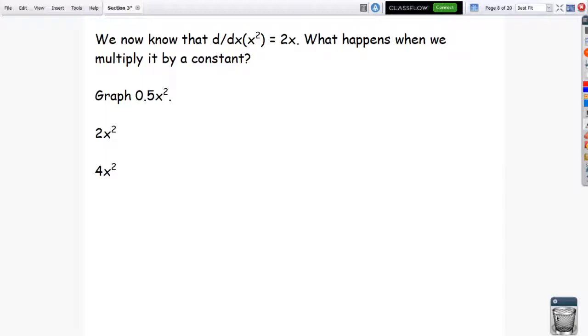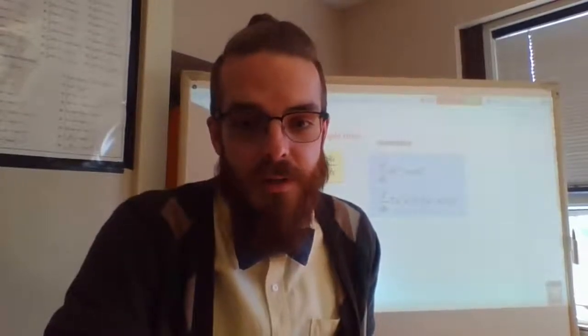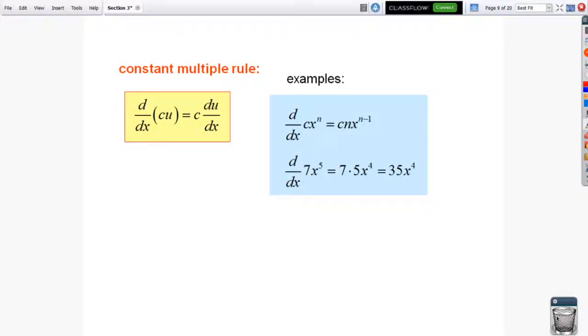So now that we know that the derivative of x squared is 2x, what happens if we multiply it by a constant? So you could actually graph the derivative of 0.5x squared, of 2x squared, of 4x squared. I'm just going to ruin the surprise for you guys. When you take the derivative with a constant, the constant stays there. So there's the rule.